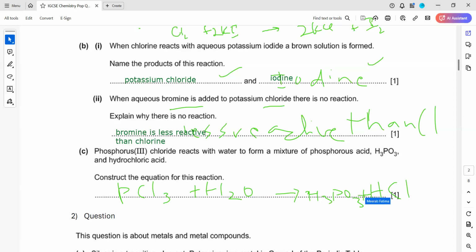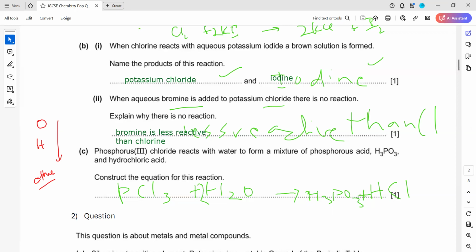Whenever we start balancing a normal equation, we start with oxygen, followed by hydrogen, and then any other element. So first, always try to balance oxygen. How many oxygen do you see on your right hand side? 3. So how many oxygen do we need here? We need 3, because oxygen on the right and the left should be the same.